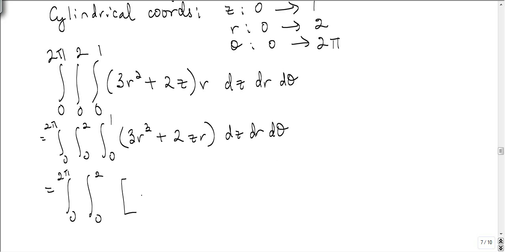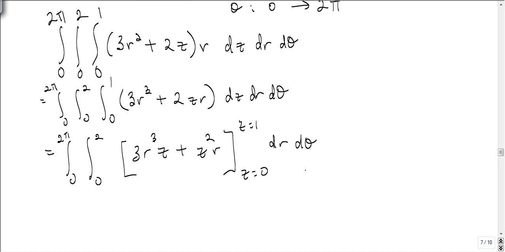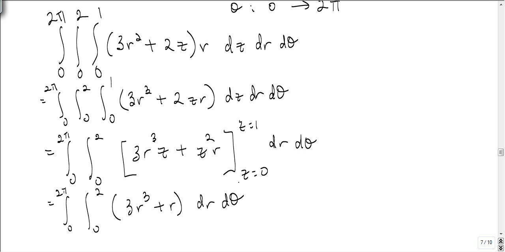What do you get? 3r cubed z plus z squared r, beautiful. z goes from 0 to 1. Substitute 1. 0 to 2 pi, 0 to 2, 3r cubed plus r, dr d theta.